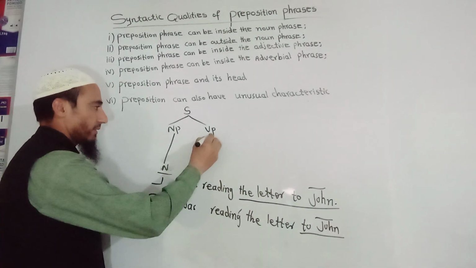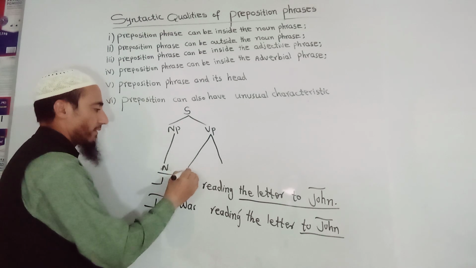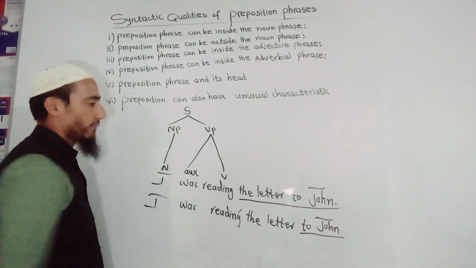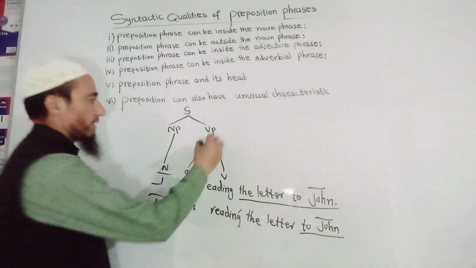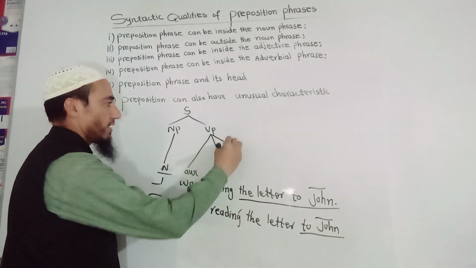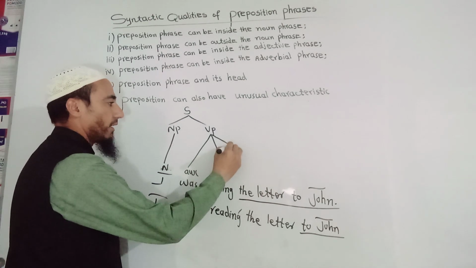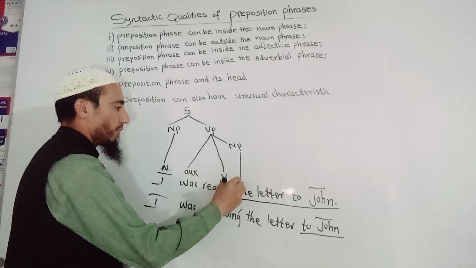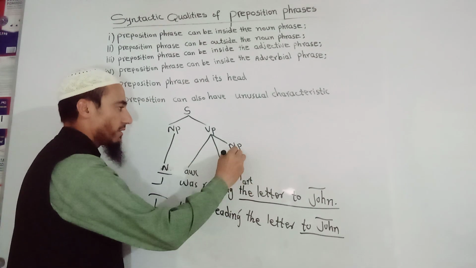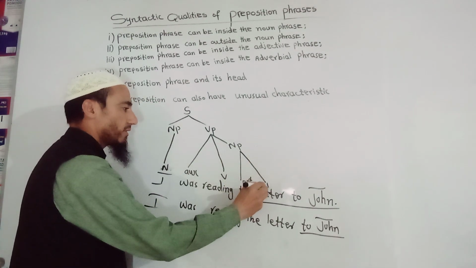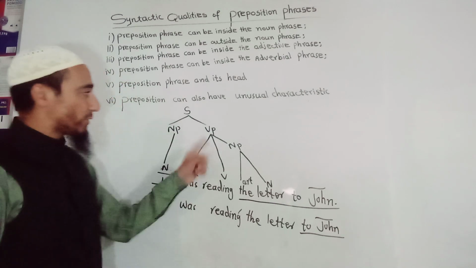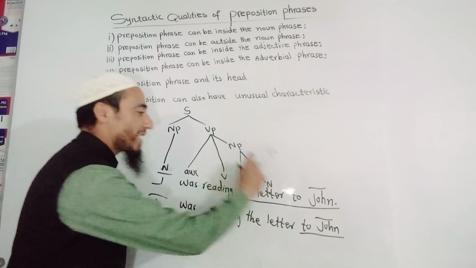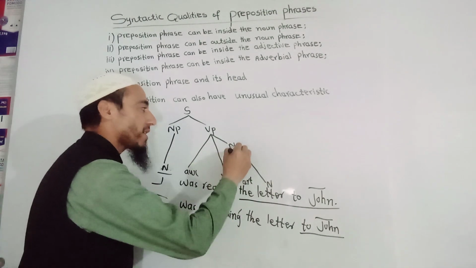For was I will write auxiliary verb, and for reading there is V. The letter: I'm taking here as a whole phrase, the letter, NP. Then in NP, which is article, and then letter, that is noun. So here I am taking it inside the noun phrase.